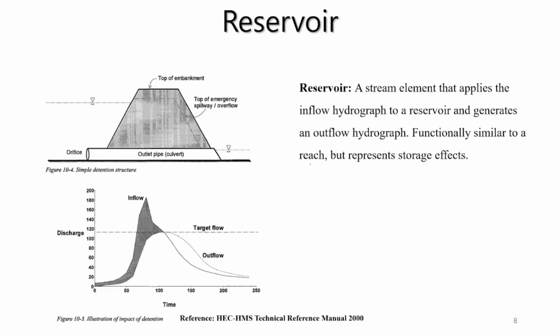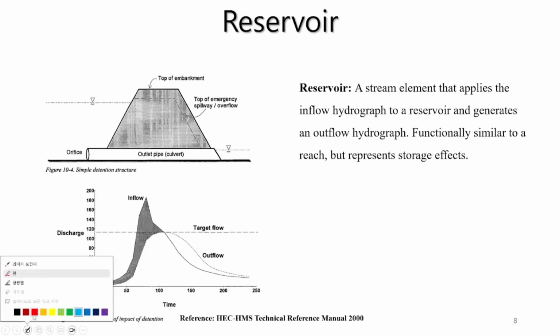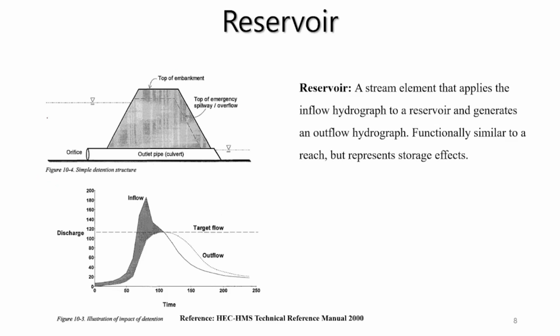So let's talk about reservoir next. A reservoir is a stream element that applies the inflow hydrograph to a reservoir and generates an outflow hydrograph, functionally similar to a reach but representing storage effects. This is an example of a reservoir right here.